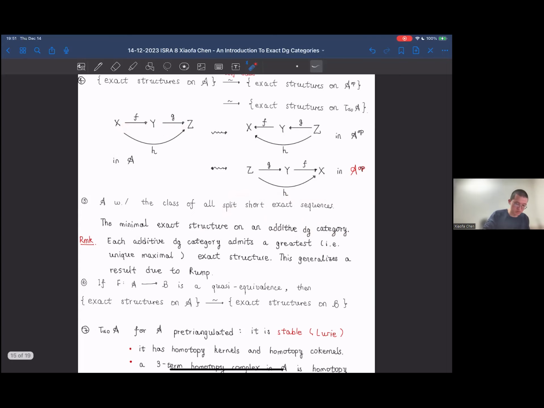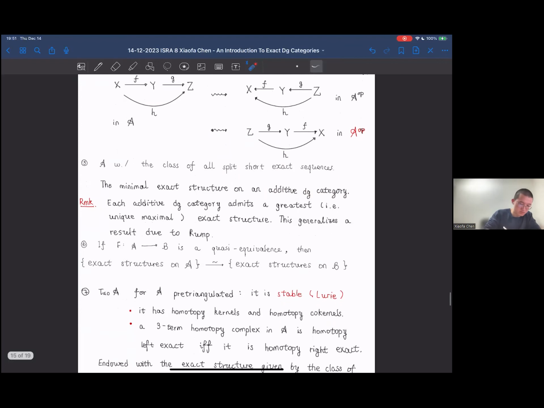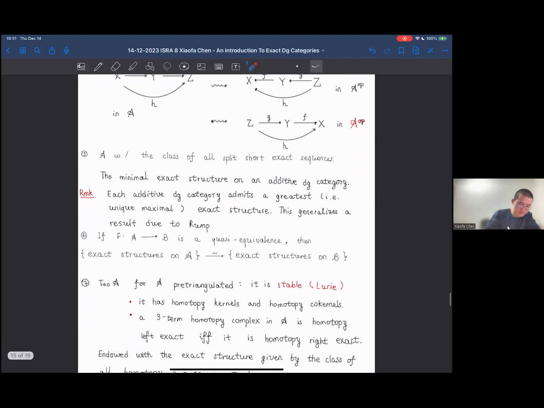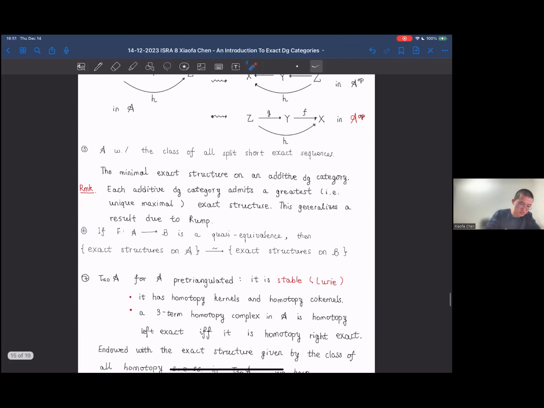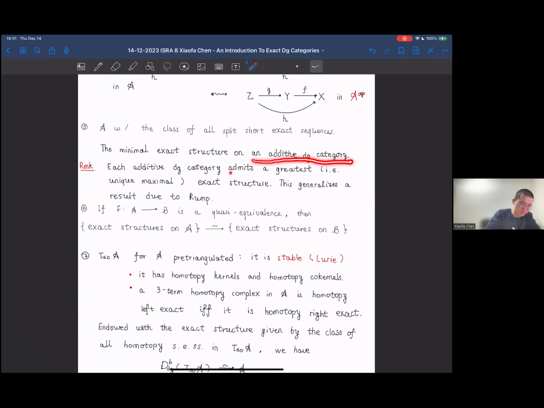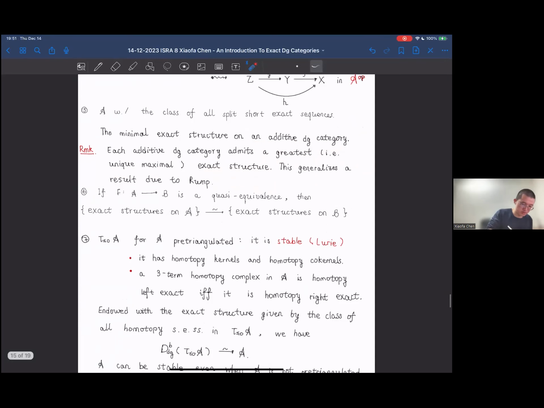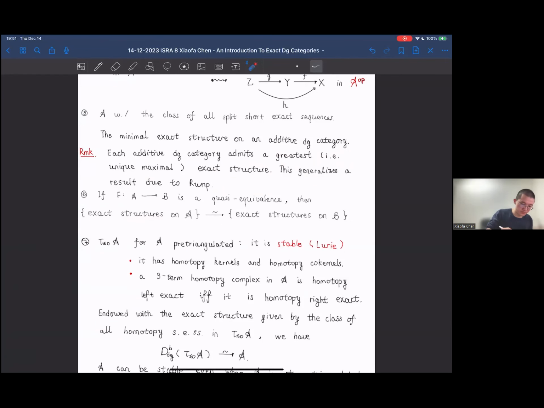And a theorem is that each additive DG category also admits the greatest exact structure, namely the unique maximal exact structure. And this theorem generalizes a result due to Hooft. And an important property of exact DG structures is that it can be transferred along quasi-equivalences.